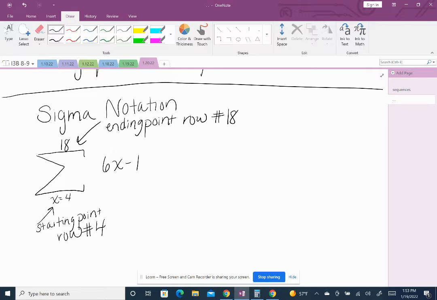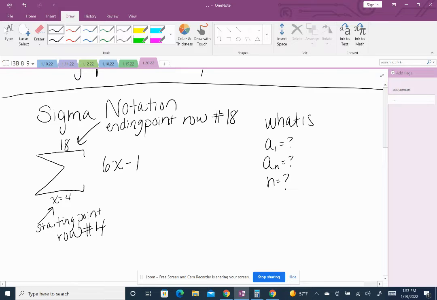So we need to figure out what our first term is, what our nth term is, and what n is. So first we can figure out how many terms.